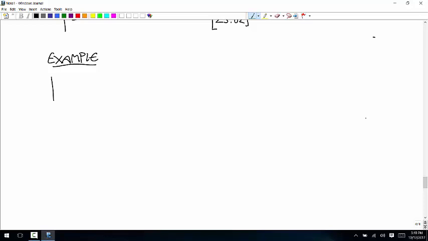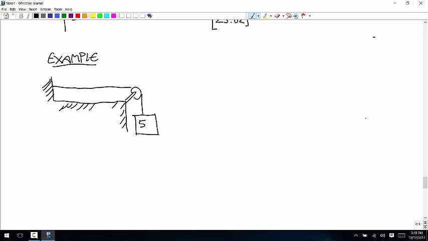Okay, so let's say there's a pulley here on this corner, on this ledge, and a cable goes over the pulley. And then on the other side, that cable's holding up a 5 kilogram box.